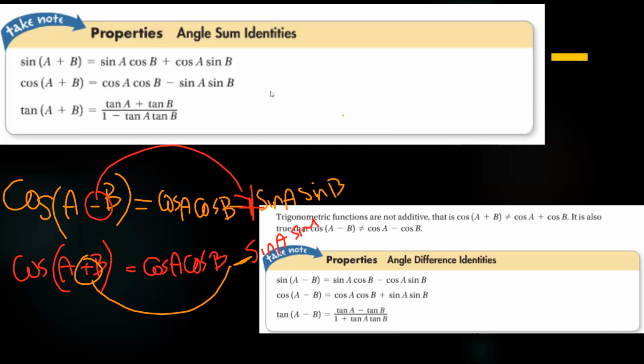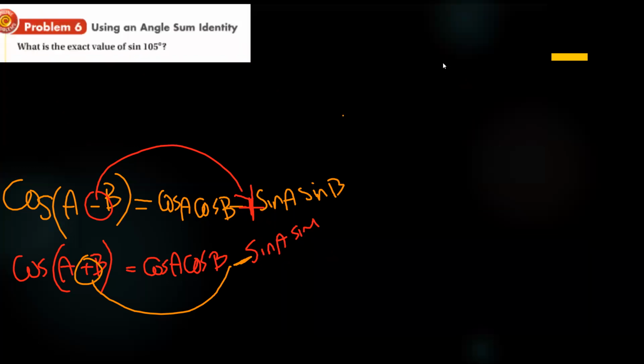This is here. Sometimes you need to find the sine of an angle that is a summation of two main angles, such as, for example, 105.